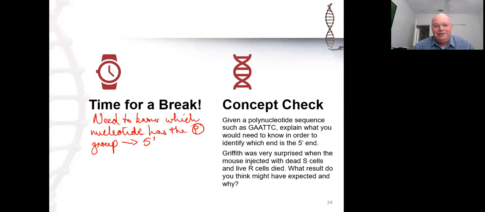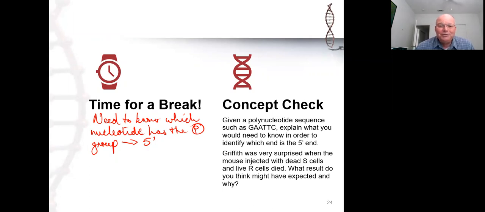So it is very, very certain that Griffith was expecting the mouse to survive. So to wind up with a dead mouse was something that was totally unexpected. And the why is, of course, because neither of these cell types are pathogenic. They shouldn't have killed the mouse. It should not have died, but it did.